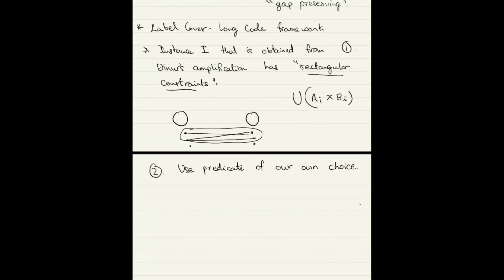That's our whole result. It's basically a combination of two ideas. One, you prove that the instance has rectangular constraints, which seems to be a pretty simple observation, but for some reason it has not been used before. And the second is, since you are only aiming for the PCP theorem, you are not aiming to prove hardness of a particular predicate. So you can use any predicate, and the predicate that we use makes the Fourier analysis very direct.